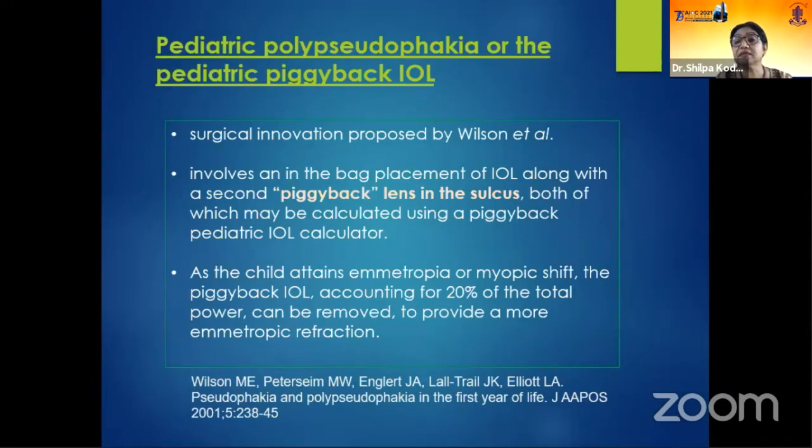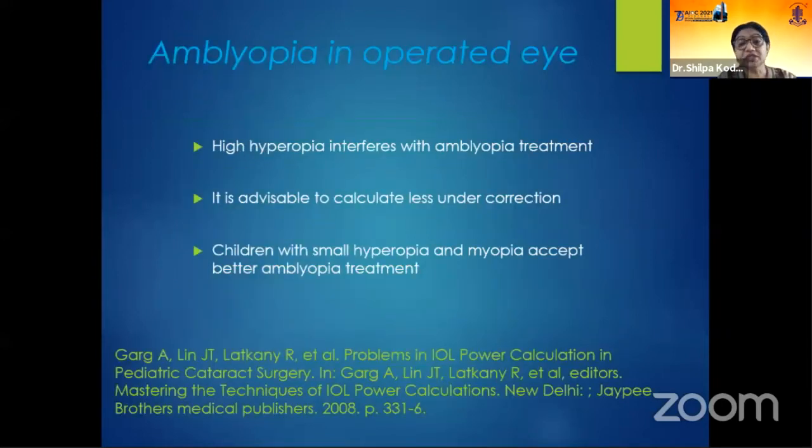But honestly, doing this as a primary procedure and then removing that 20% later on, as the eyeball is small, putting a lens, and it has been seen even in all the earlier studies that in a primary IOL implantation, complications like secondary glaucoma are more as compared to keeping the child aphakic. So this is again, I would say, questionable.